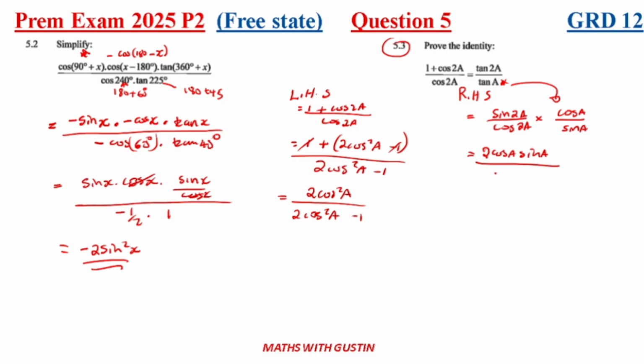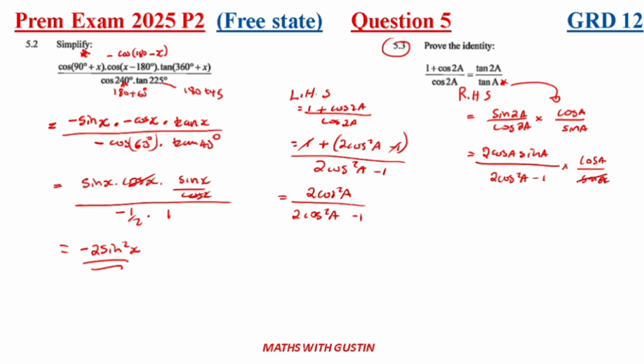And then therefore, what else can you do here? You can also change this into 2 cos squared a minus 1, and then yeah, there you go, cos a sine a as it is here.